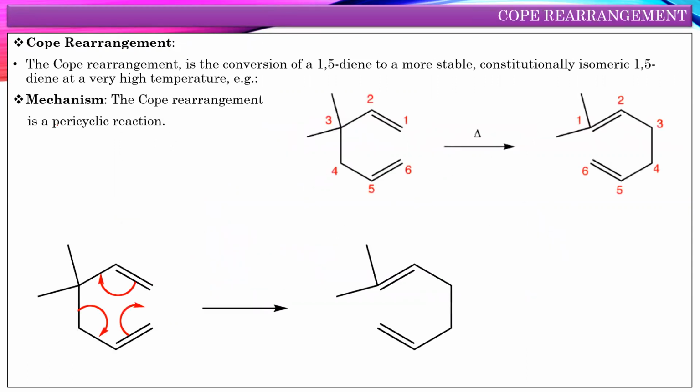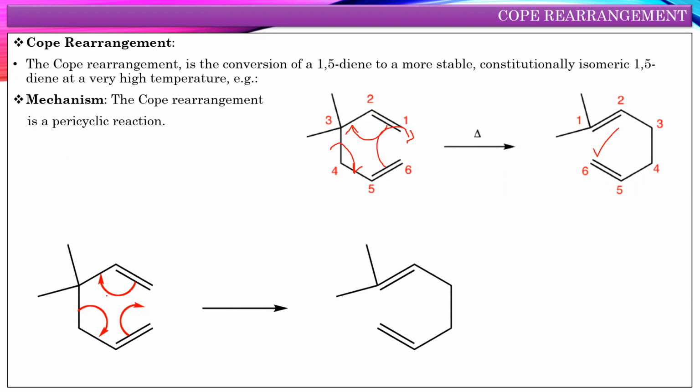Another one is the Cope rearrangement. The Cope rearrangement is the conversion of a 1,5 diene to a more stable, constitutionally isomeric 1,5 diene at very high temperature. The mechanism is given here. This pi bond migrates to here, this sigma bond breaks, and this pi electron goes and forms this product.